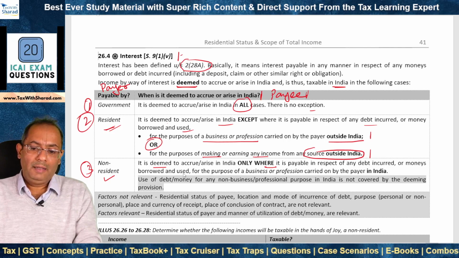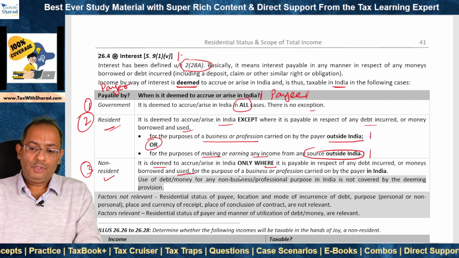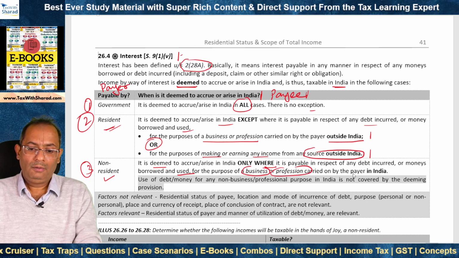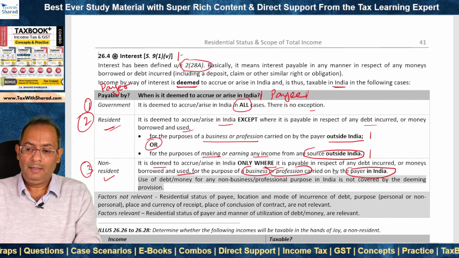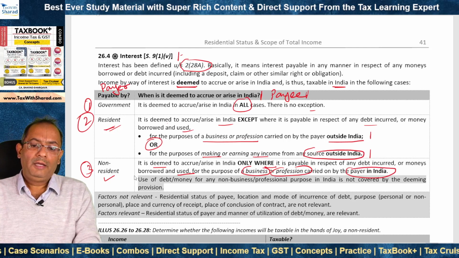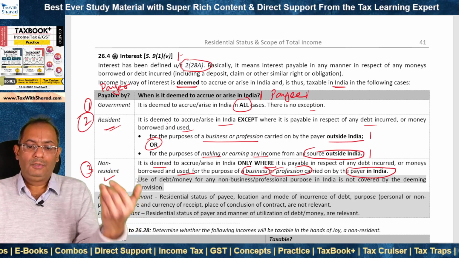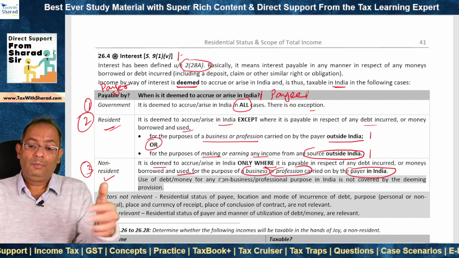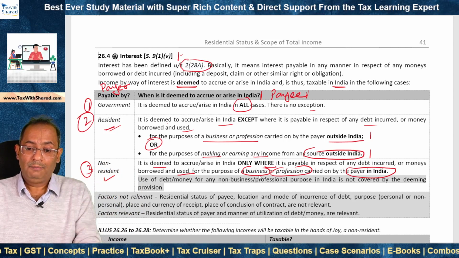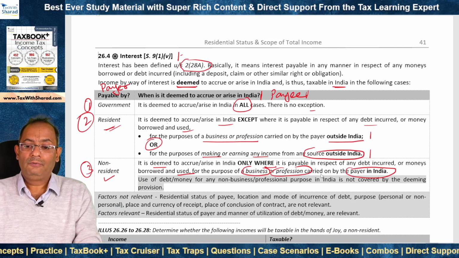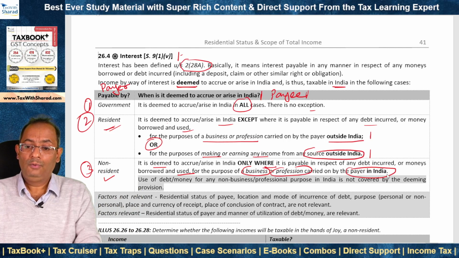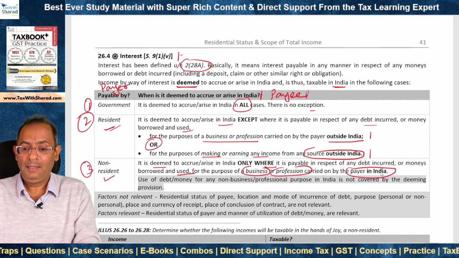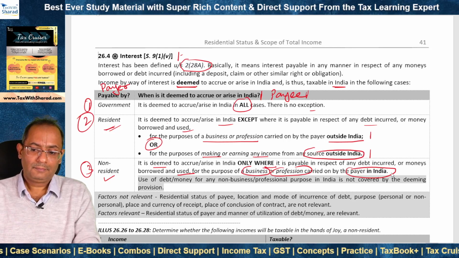the debt or the money borrowed is used for the purpose of a business or profession carried on by such non-resident payer in India. So only where the non-resident person who is paying the interest income, because he has taken the loan or borrowed the money, has used that money for a business or profession carried on by him in India, only in that case the interest is deemed to accrue or arise in India in the hands of the payee, else it is not.